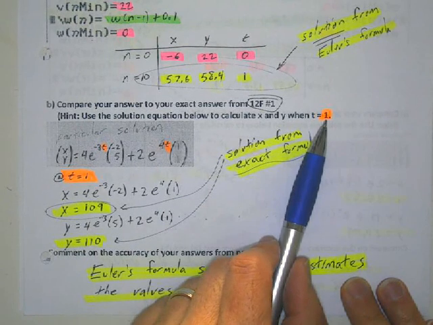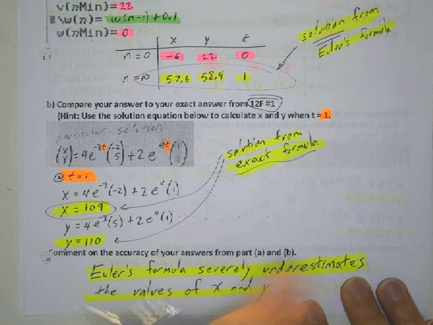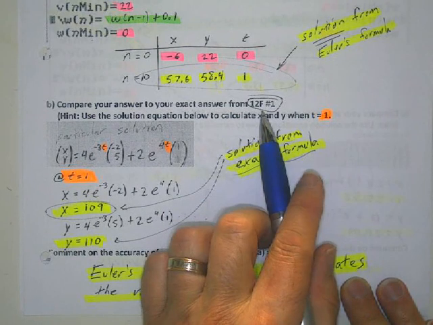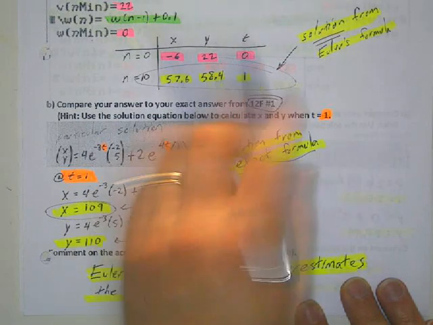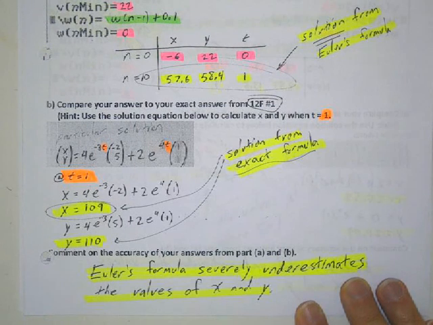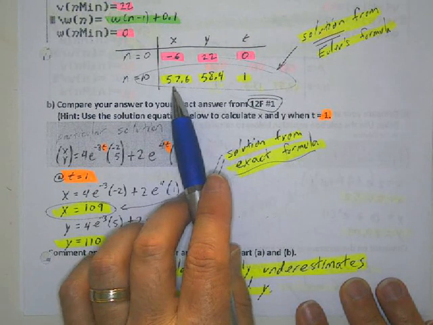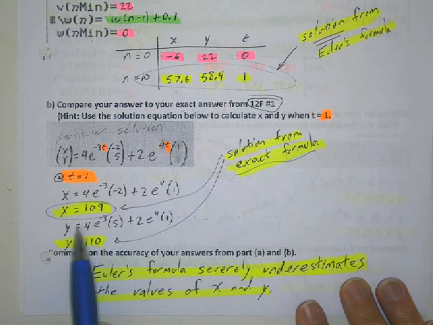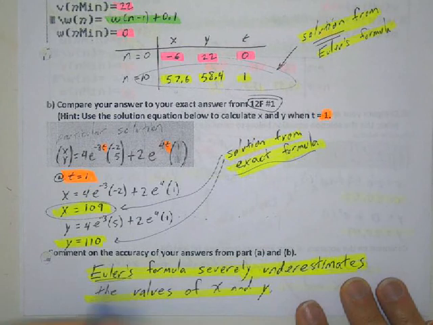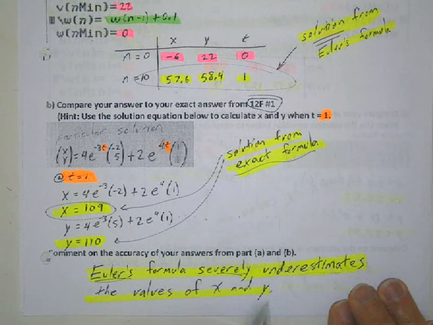So Euler's method is definitely a lot faster, because as you remember, the 12F assignment took me 2 pages of calculating in order to get my answers. But if you look at these answers, clearly like 57 and 58 compared to 109 and 110, Euler's formula severely underestimates the value of x and y.